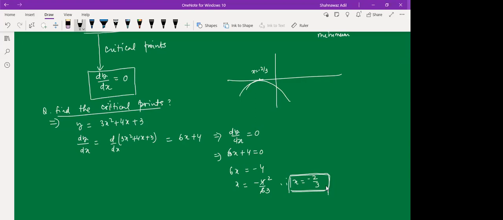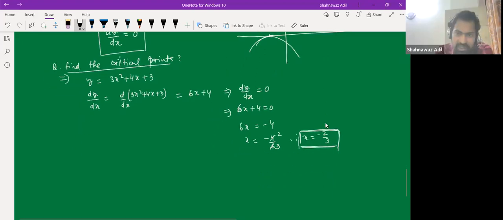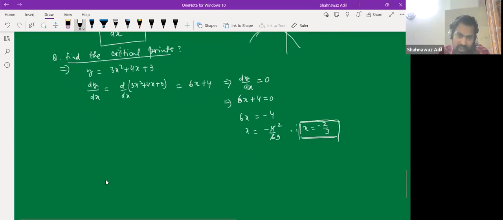Yes, sir. And if this is the x value, so if we calculate y value at minus 2 by 3, so this would be what? This is 3 into minus 2 by 3 whole square plus 4 into minus 2 by 3 and plus 3.